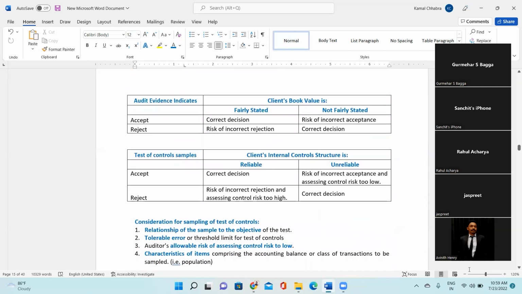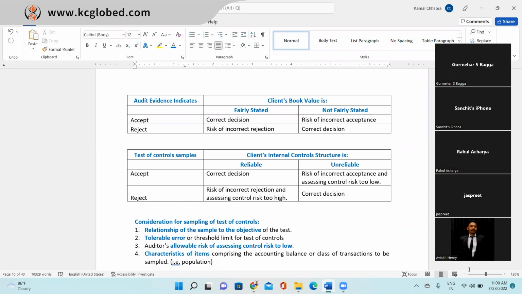Okay, so here is the table actually, what we were discussing, so that you all can easily see how it actually looks. First table is for test of detail and second table is for test of control. In the first table, if you see audit evidence indicates, that means from 1000 transactions, you have tested 25 transactions, and those 25 transactions are fairly stated, then you are accepting.